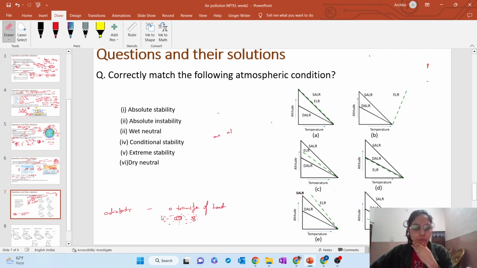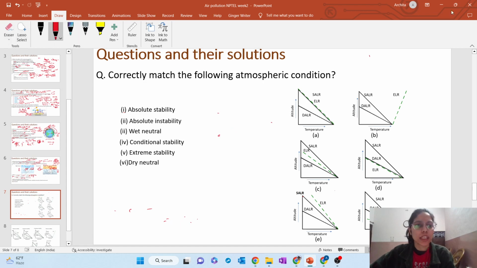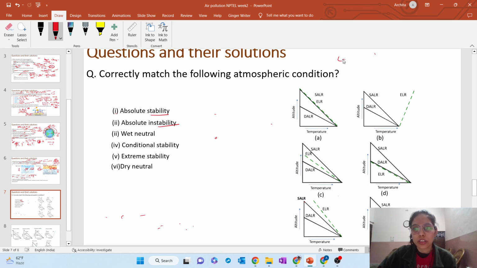So this question is about atmospheric stability, right? Here we'll discuss the lapse rate. First, to understand atmospheric stability, we need to know about the lapse rate. What is lapse rate?